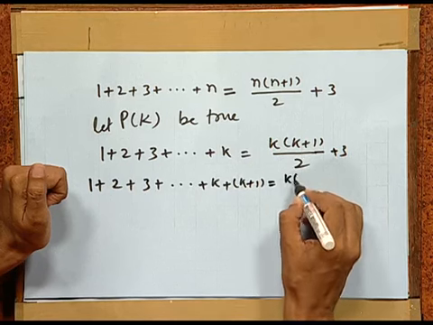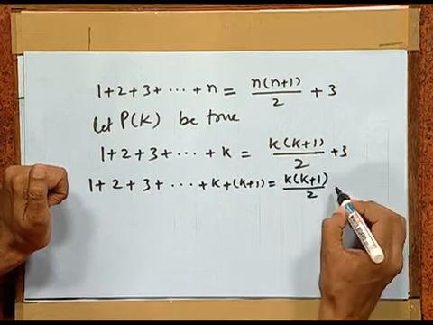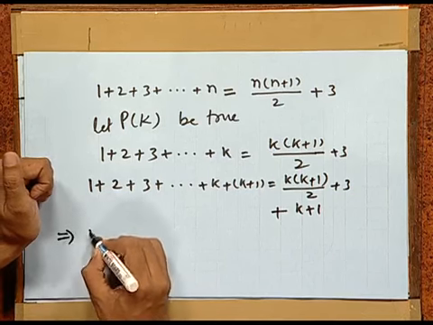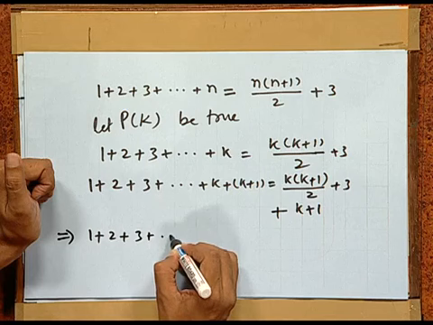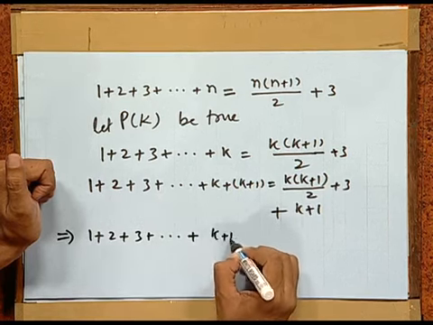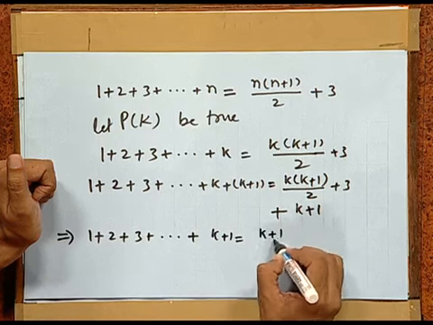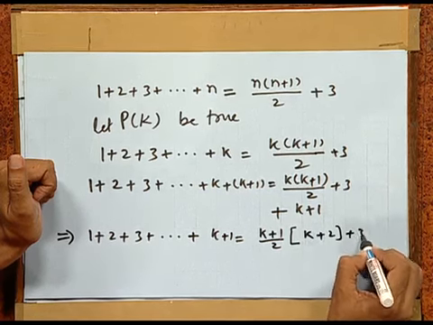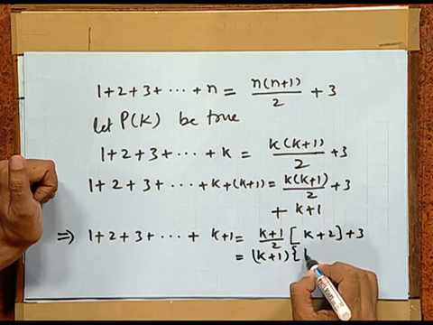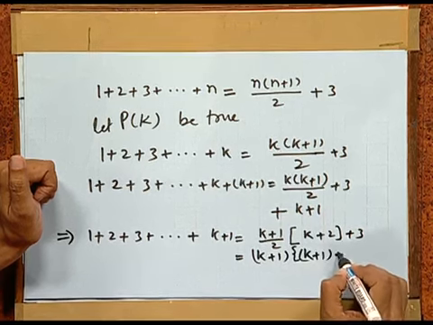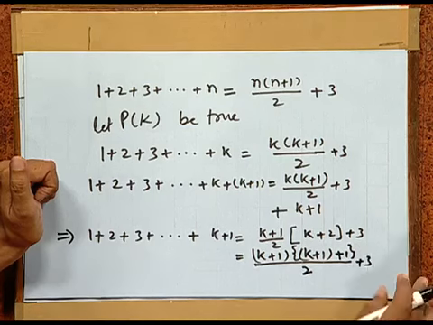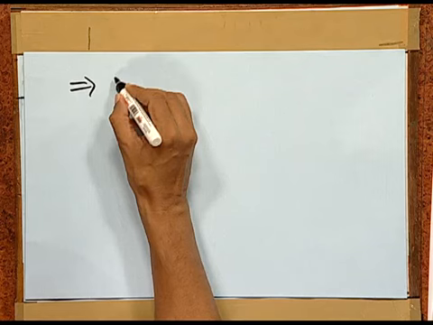This side we get k(k+1)/2 + 3 + (k+1). This implies 1 + 2 + 3 and so on up to k+1 equals (k+1)/2 times (k+2) + 3, which equals (k+1)(k+1+1)/2 + 3. This implies P(k+1) is also true.